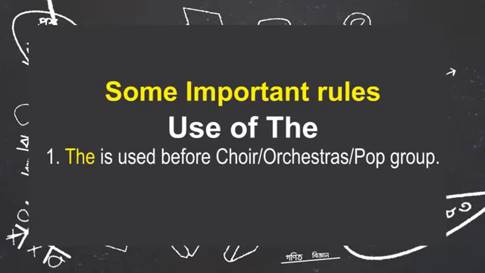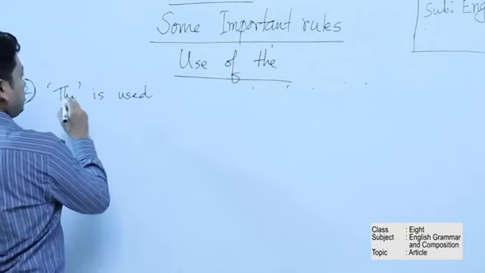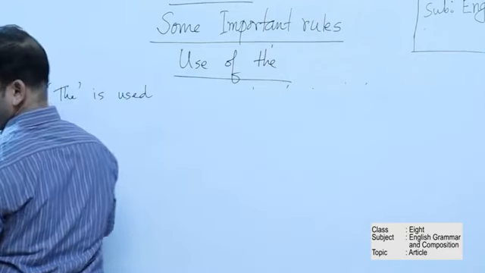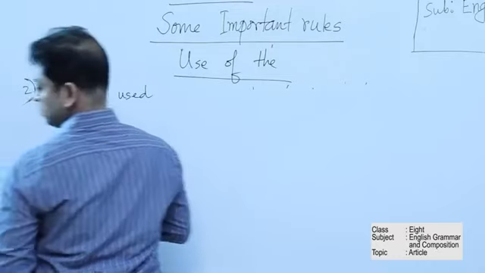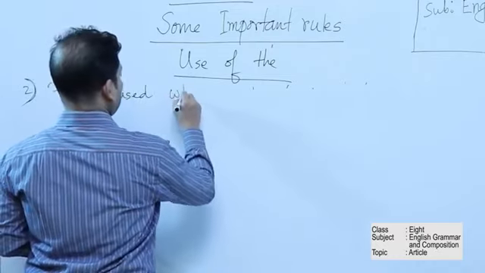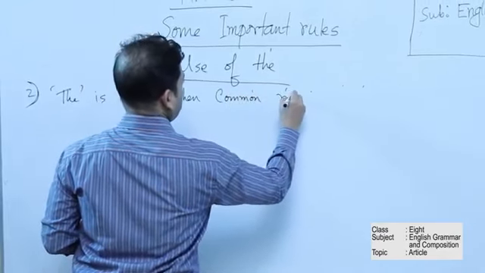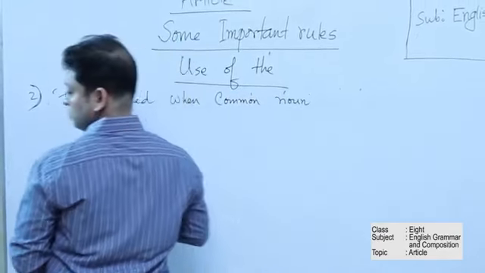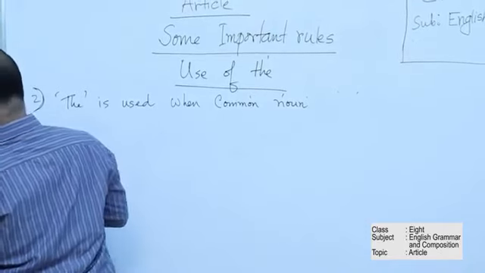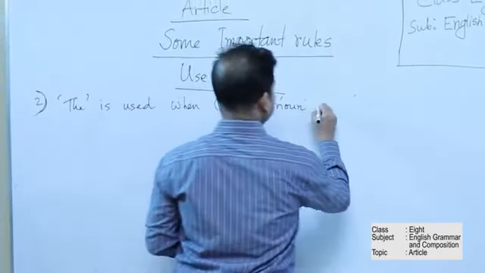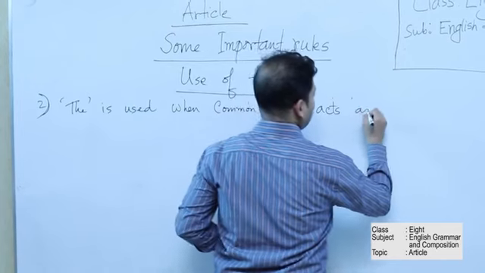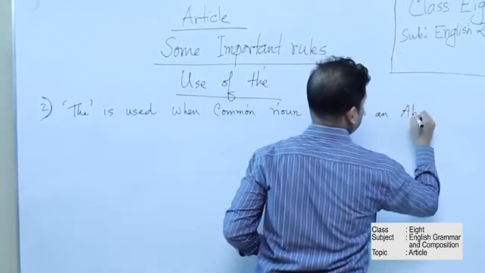Number 2, the is used when a common noun acts as an abstract noun.